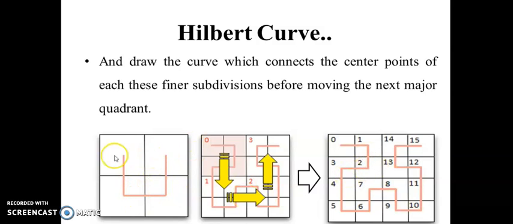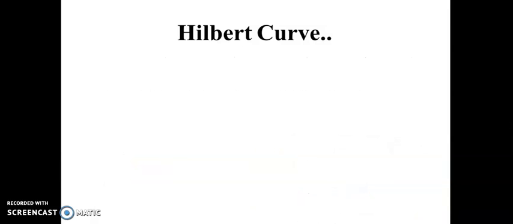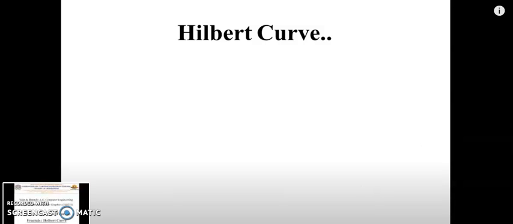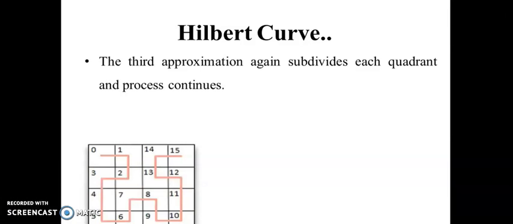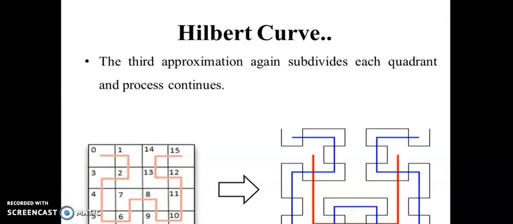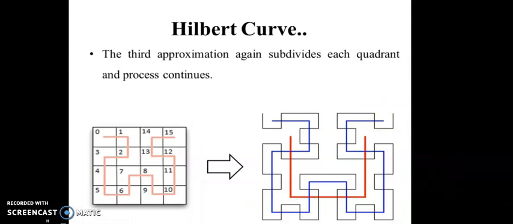We have studied the first and second approximations. Next we will see the third approximation. In the third approximation, again we subdivide each quadrant and the process continues.